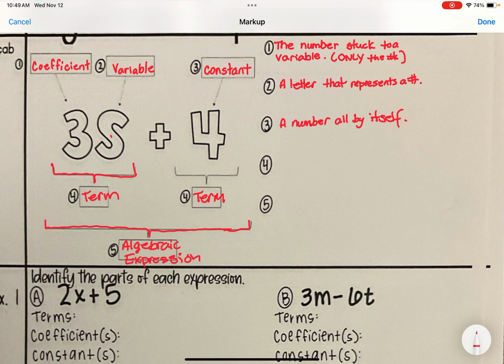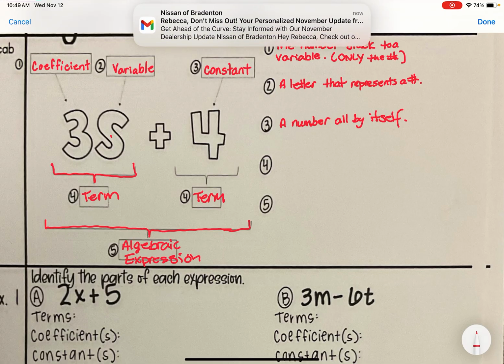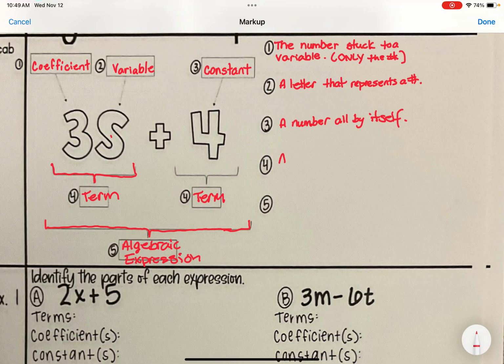Okay, so what is a term? Let's go to number 4. A term is a group of numbers and or variables, because we can't forget the variable s is in there.